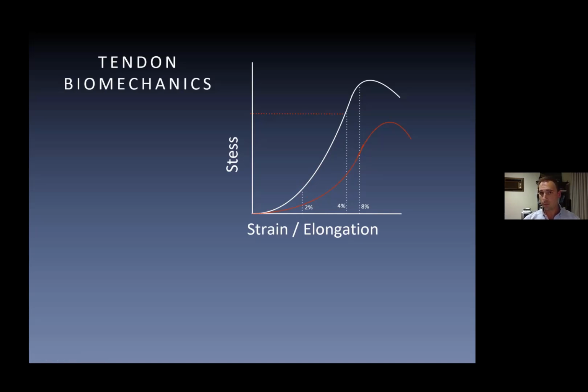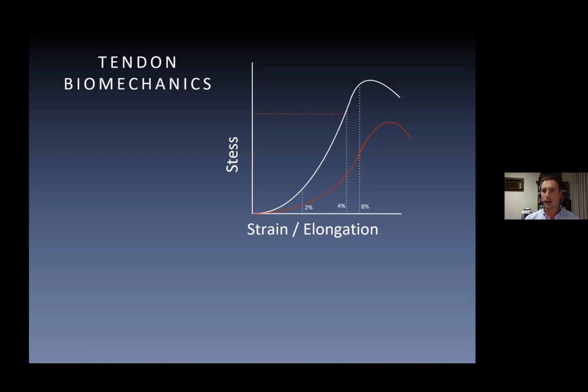Once we go beyond about 4%, we start to see plastic deformation. This is where the interlinks in our tendon start to break down. This is where collagen fibers start to fail, and we start to see tissue damage.